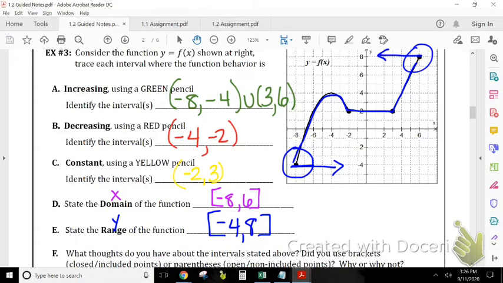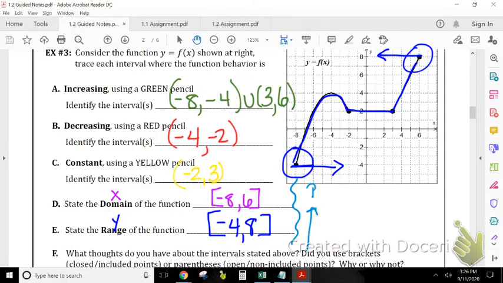Now F says, what thoughts do you have about the interval stated above? Did you use brackets or parentheses? Why or why not? All right, so I'm not going to scroll. Let me change color. I'm not going to scroll down here, so I'm going to answer this up here, okay?